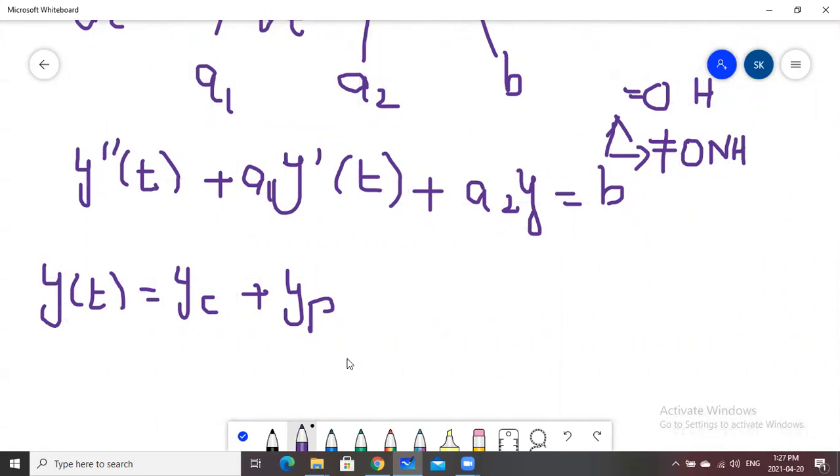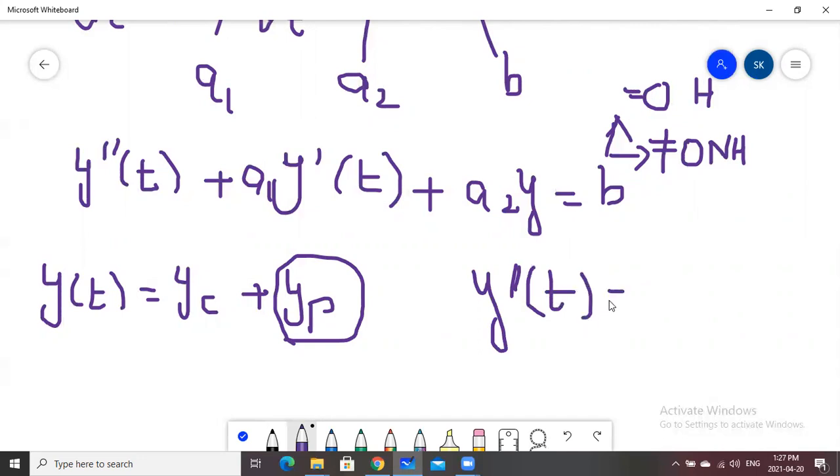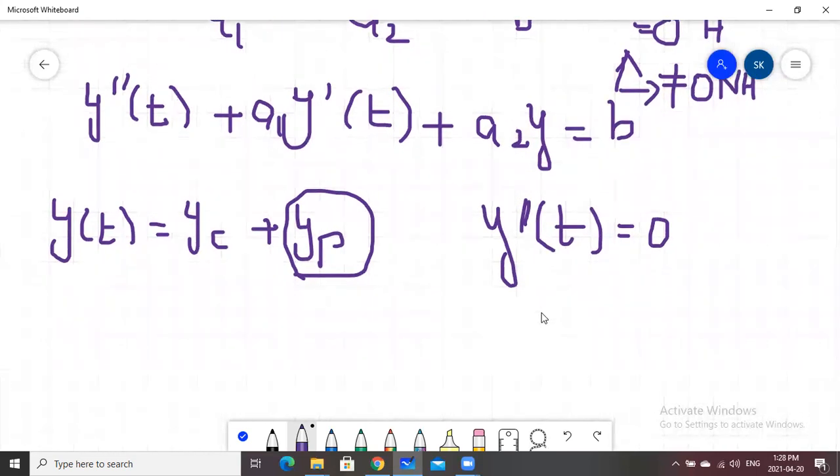Now in order to find yp, we will say that y double prime of t is equal to 0, and then we will also consider y prime of t equal to 0. Both the derivatives are taken to be equal to 0.